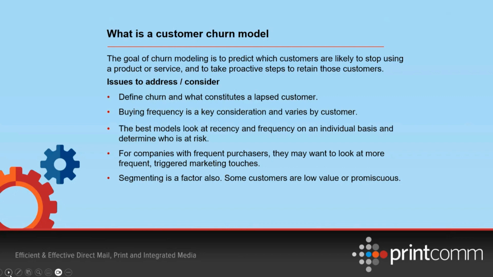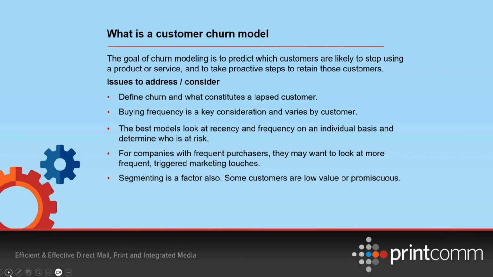Maybe they went on vacation, maybe they moved, but maybe they've started going somewhere else. Auto service is another example that can vary. So the definition of lapsed can vary based on the business that you're in, but it also can vary by customer. And I've got that as the second point.